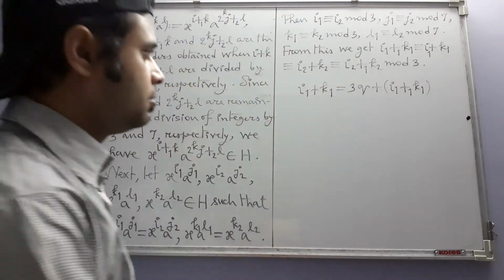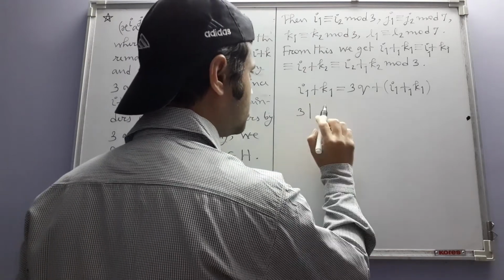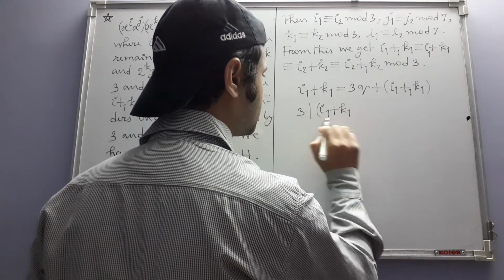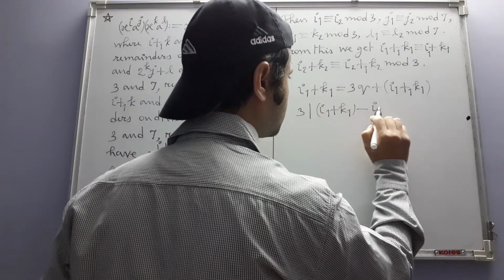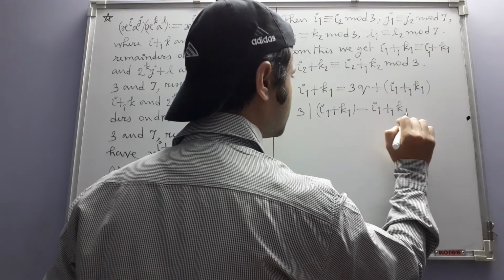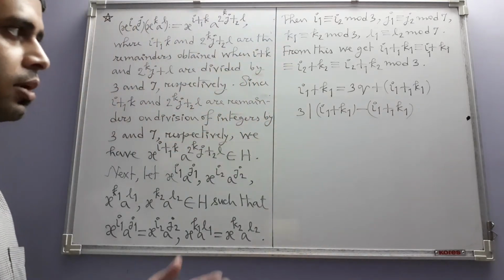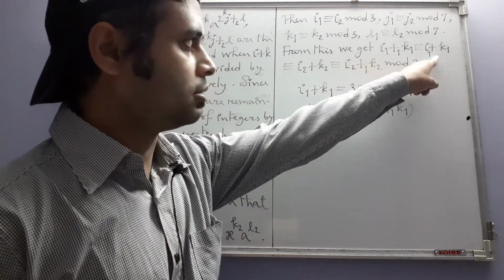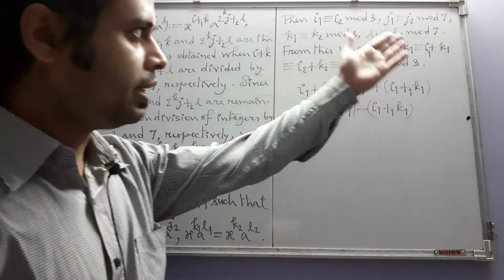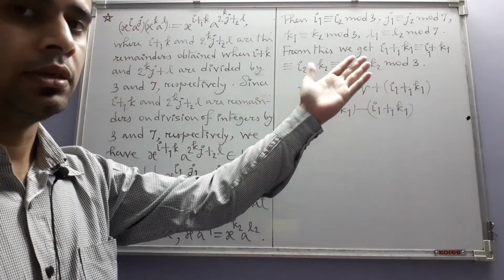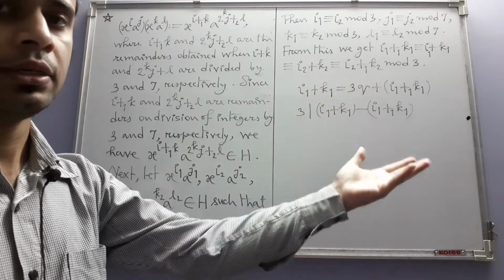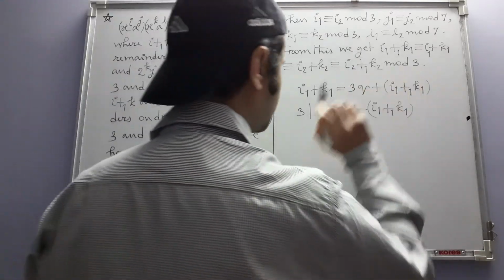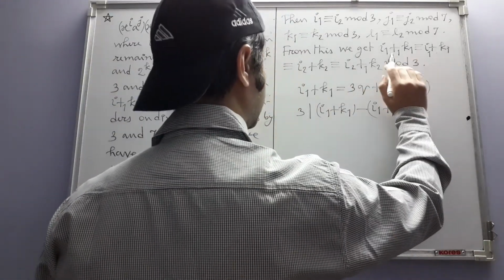So you can see that 3 divides this difference, clearly because the difference is a multiple of 3. So this is congruent to this. In fact, any integer is congruent to its remainder when you divide the integer by the modulus. Here the modulus is 3, so this is congruent to the remainder.